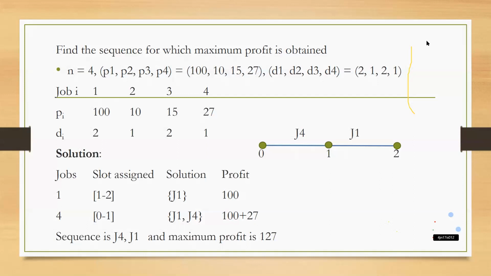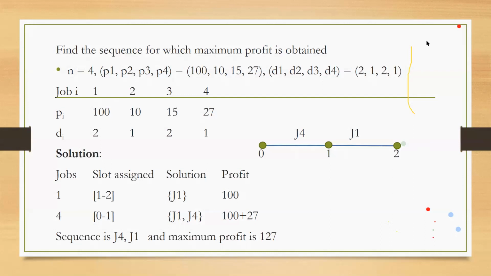N is equal to 4, that means there are 4 jobs. P1, P2, P3 and P4 are the profits associated with these 4 jobs: 100, 10, 15 and 27.